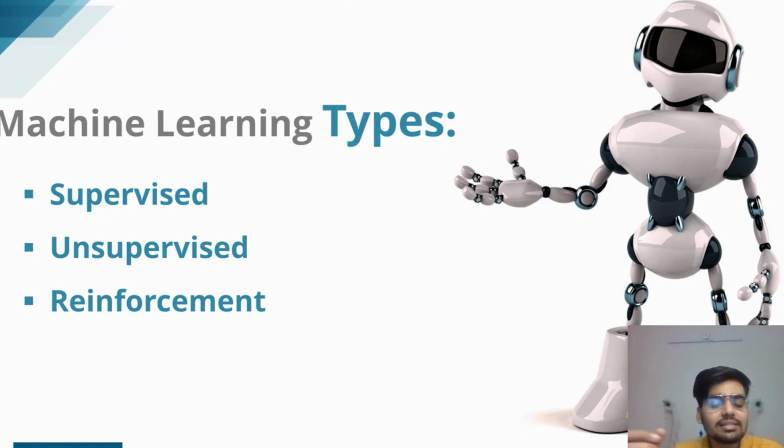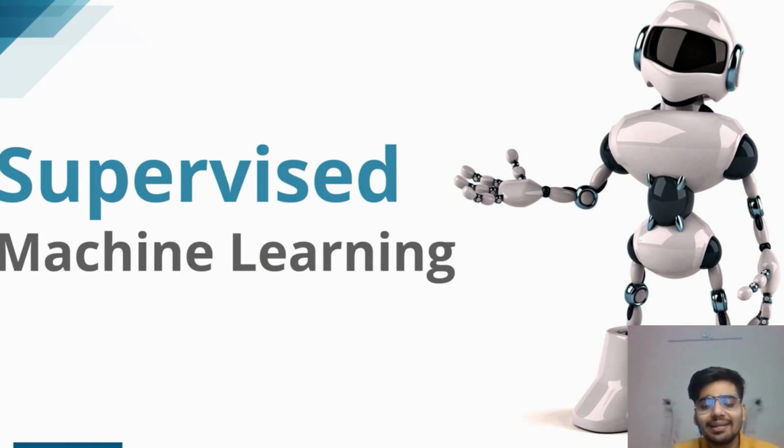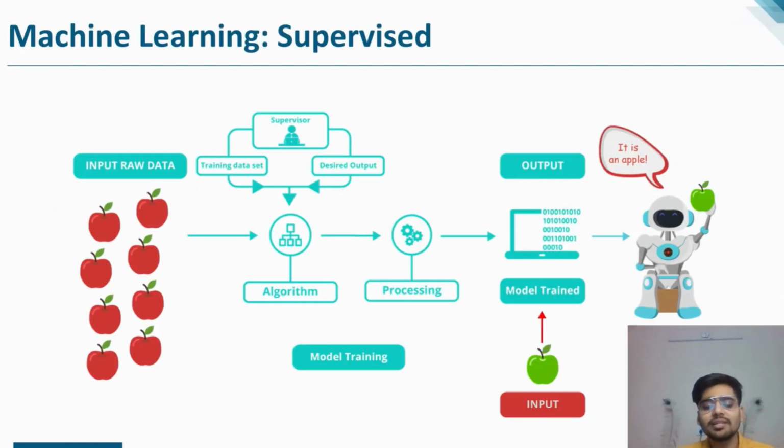First of all, we go with supervised learning. Mathematically, supervised learning has an input x and an output variable y. We map an algorithm function, y equals f(x), and approximately predict y from the data given to us.